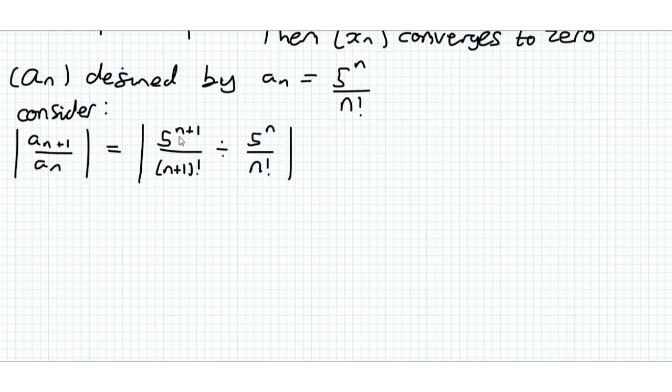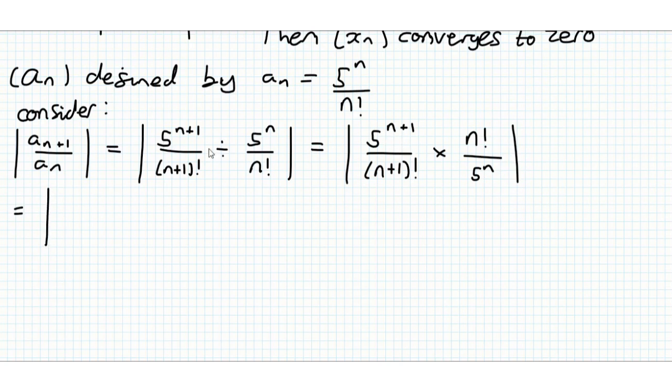The reason I've written it in this form rather than stacking them all on top of each other is that it gets messy and difficult to interpret. This is equal to 5 to the n plus 1 over n plus 1 factorial multiplied by n factorial over 5 to the n.